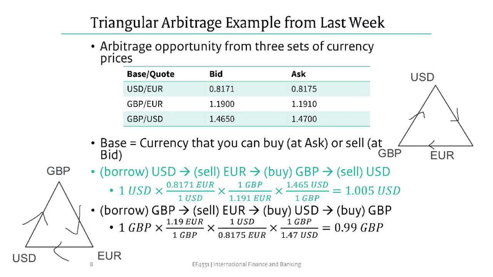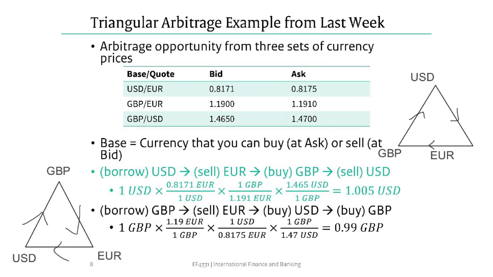And this one is going from British pounds to euros and to USD. Let me draw some arrows for direction. So USD to euros this way, euros to British pounds, and then British pounds back to USD. And then for here, we have British pounds going to euros, euros to USD, and USD to British pounds.